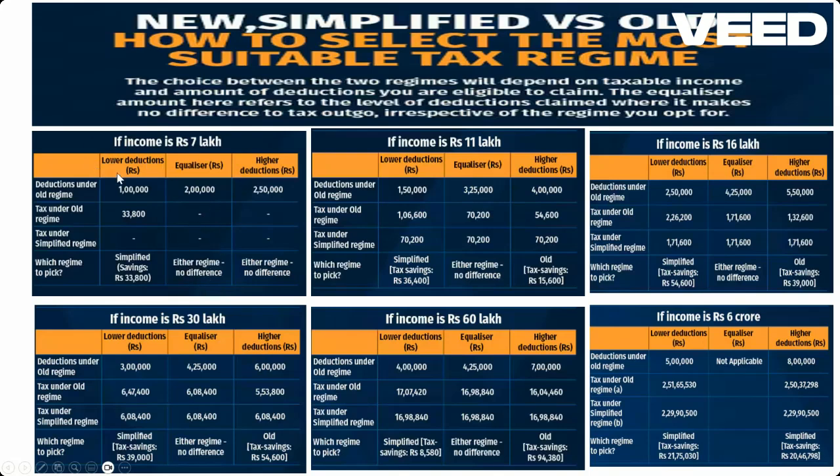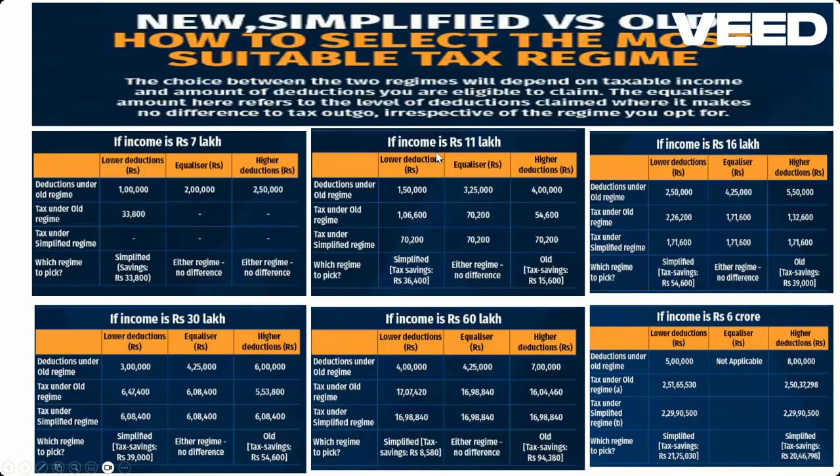So if you have an income of 7 lakhs and are showing lower deduction, you can save some taxes in the old regime. And with higher deduction, either can be selected. So if you have higher deduction and equalizer, you can opt for any regime. There will not be much difference.